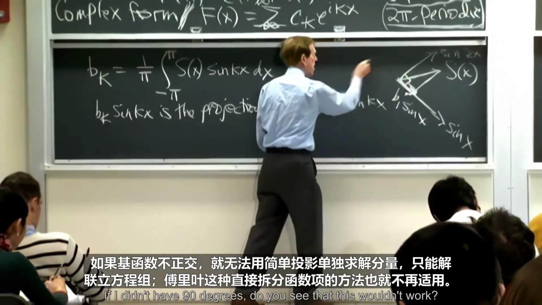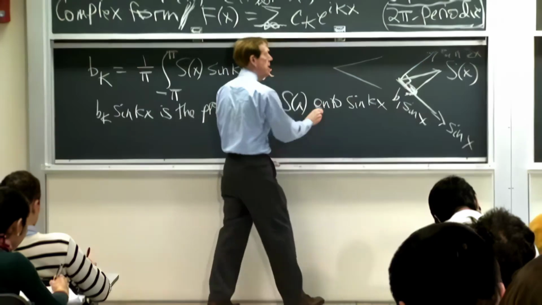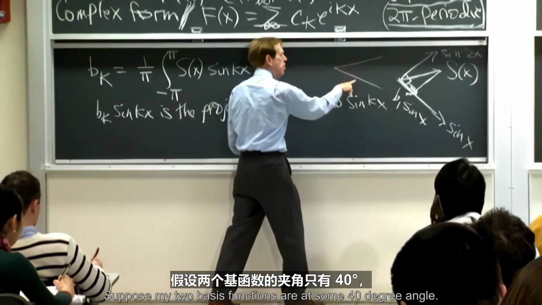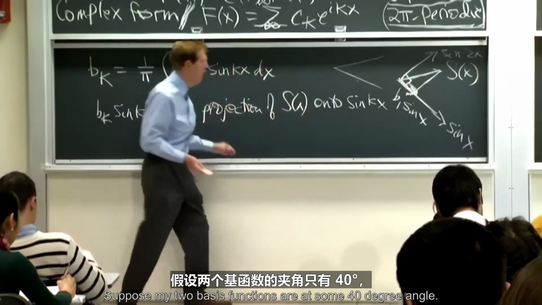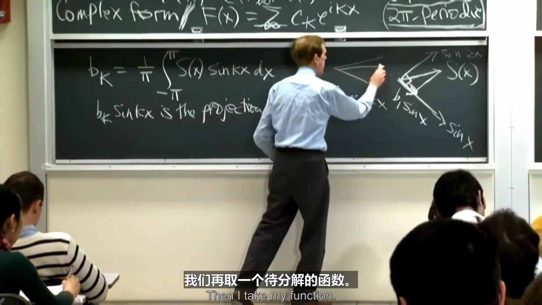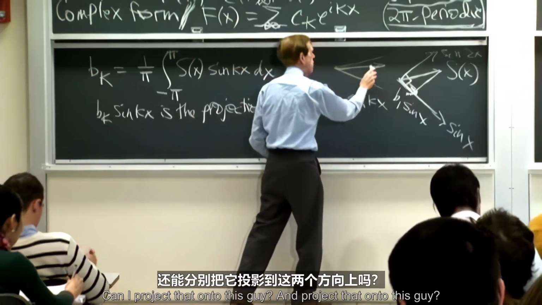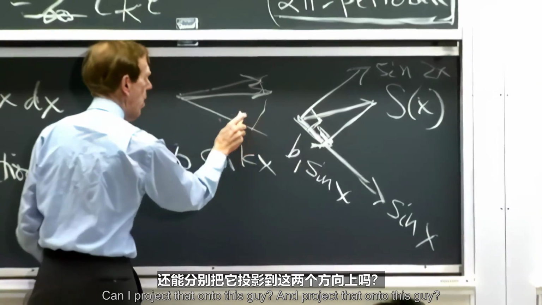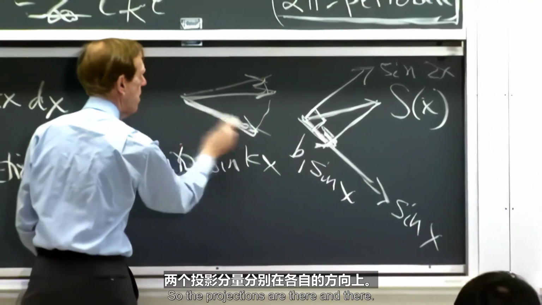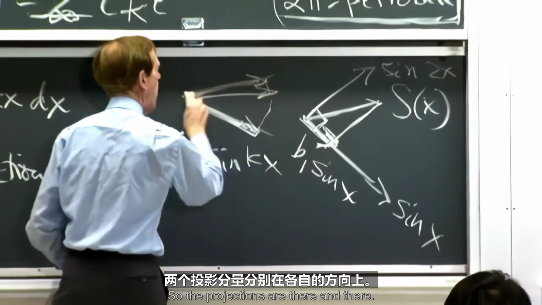If I didn't have 90 degrees, do you see that this wouldn't work? Suppose my two basis functions are at some 40-degree angle. Then I take my function. Can I project that onto this guy and project that onto this guy so the projections are there and there?